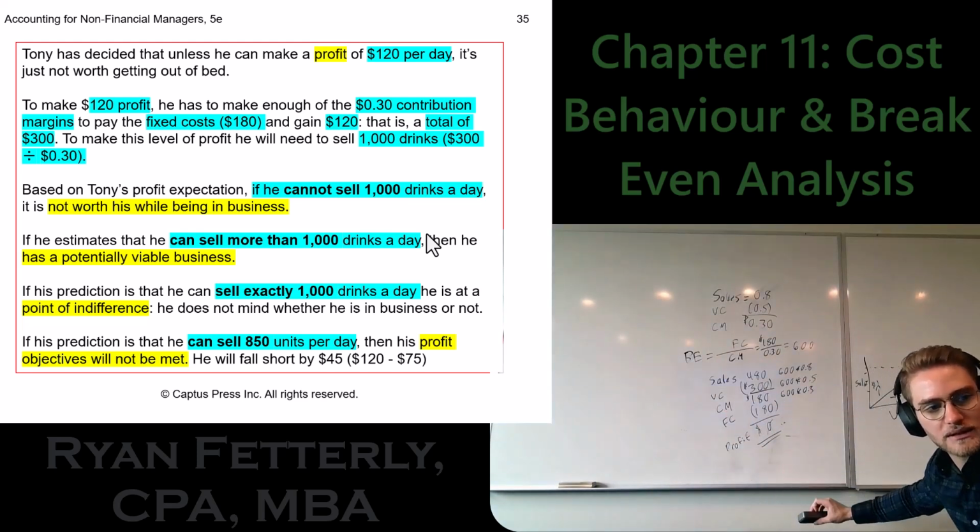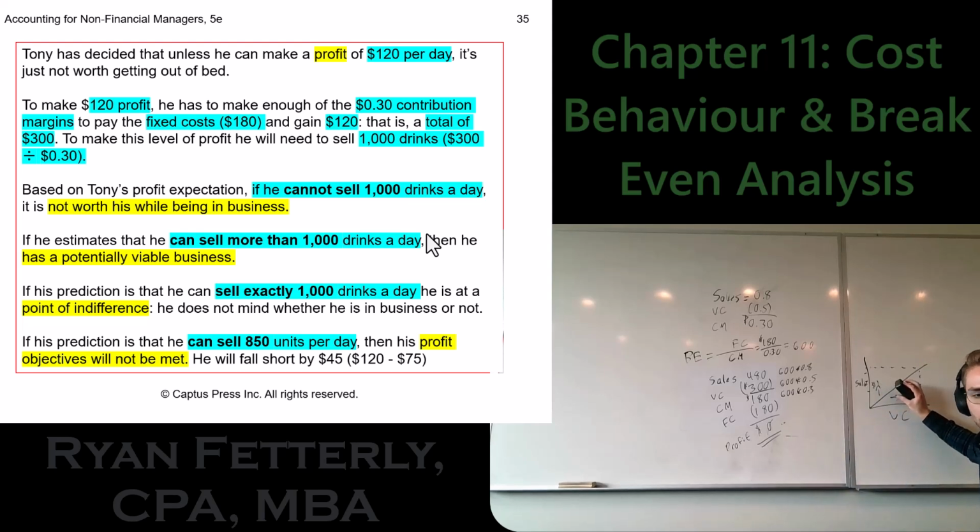And you should be able to see over here. So what they're doing is very simply going, this is what the formula would be: fixed costs plus your target profit, I'm going to say TP, target profit, divided by your contribution margin. So they're taking the 180 in fixed costs, and then they say, okay, but we have a target profit of 120 per day.